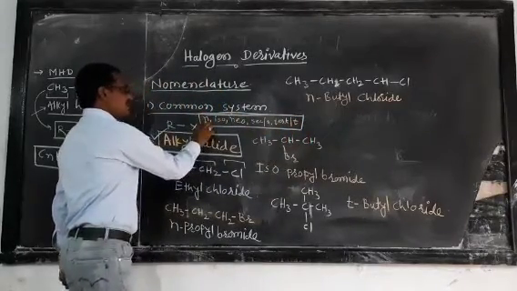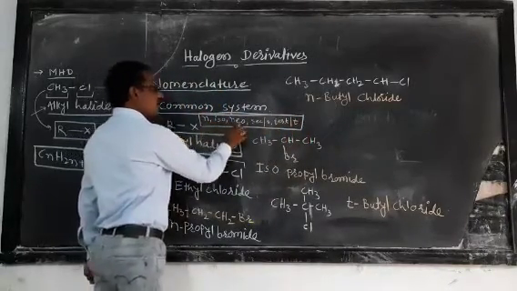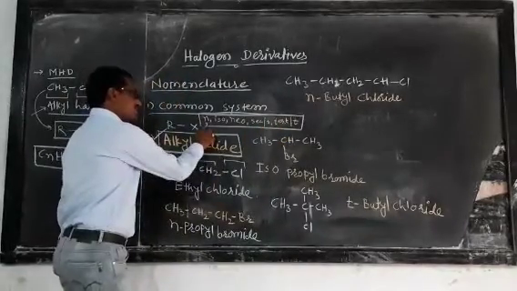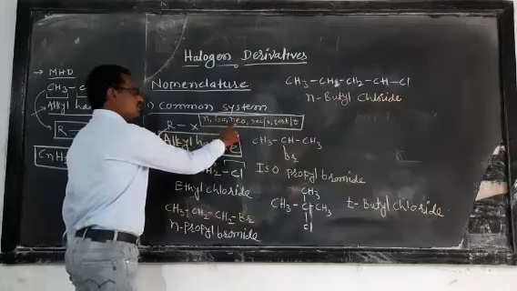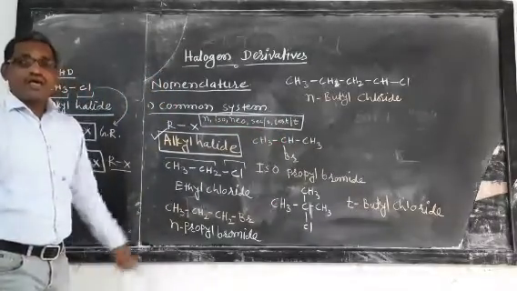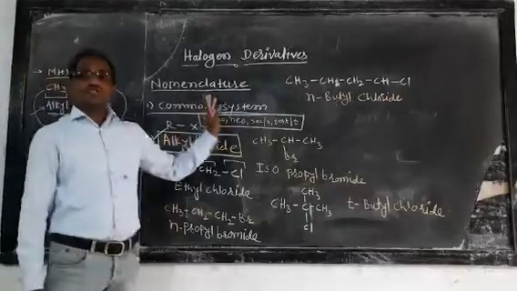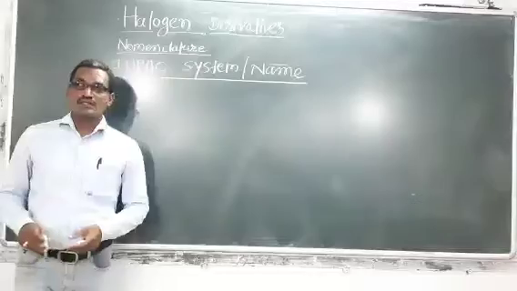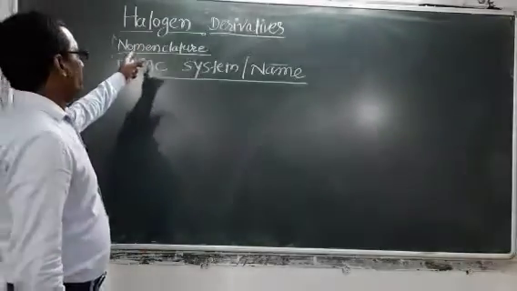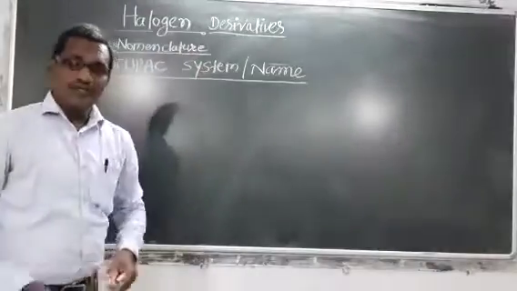That may be N, iso, neo, secondary and tertiary. N for straight chain; iso, neo, secondary and tertiary for branched chain according to their position. We have completed the common name system for halogen derivatives.